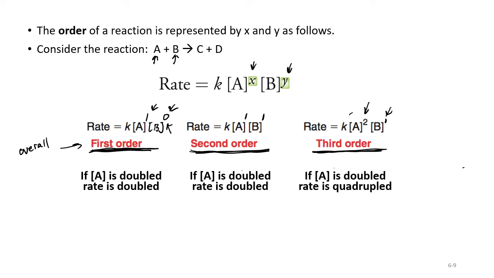Whereas if you doubled the concentration of B, you would only double the rate of the reaction. So concentration affects the rate of a reaction, generally speaking, because when the concentration increases, we have more collisions. However, if we want to understand to a greater degree how concentration affects rate, you need to look at the rate law. And the rate law tells you specifically how the concentration of each reactant will affect the rate of that reaction.